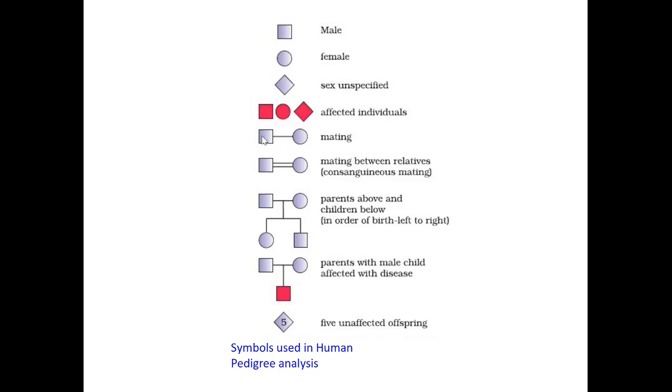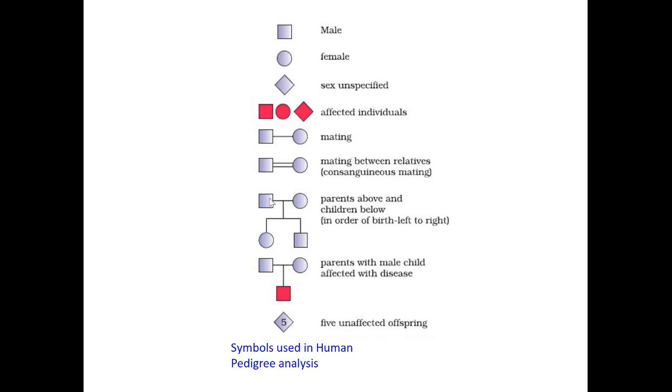A horizontal line between male and female represents marriage or mating between them, and a double line means mating between close relatives, also known as consanguineous mating, and it leads to recessive syndromes or diseases.